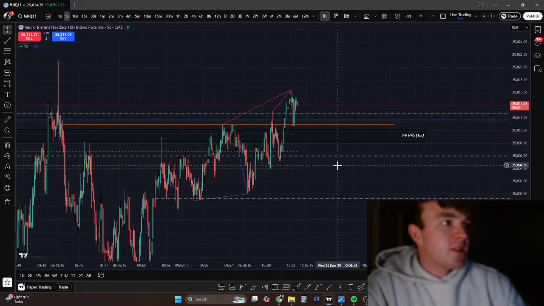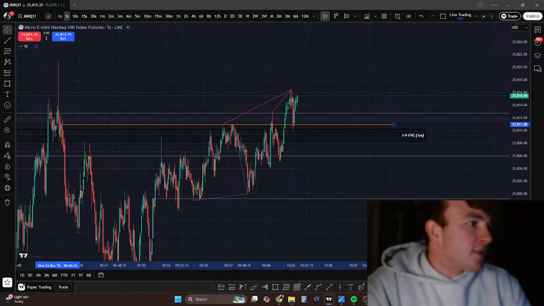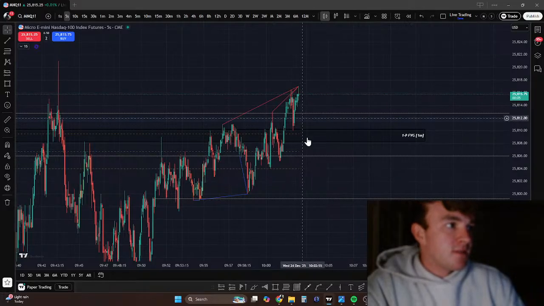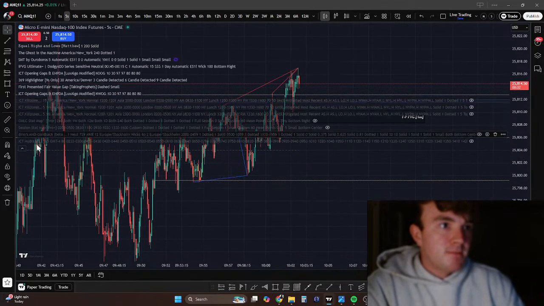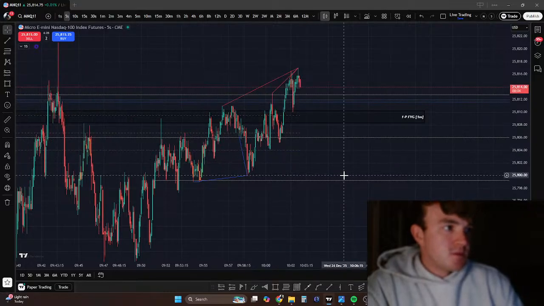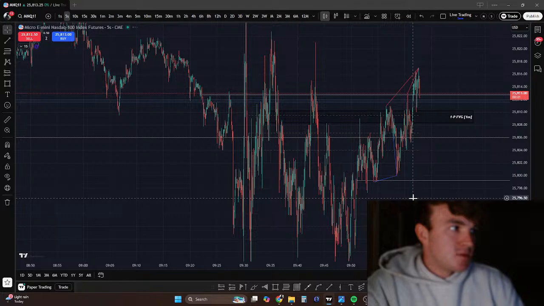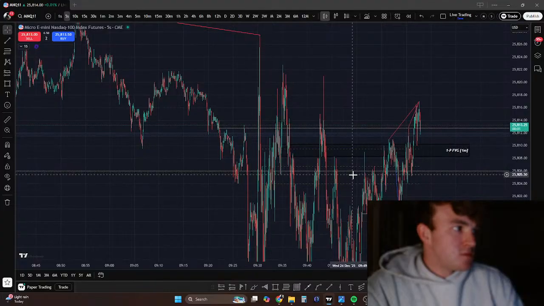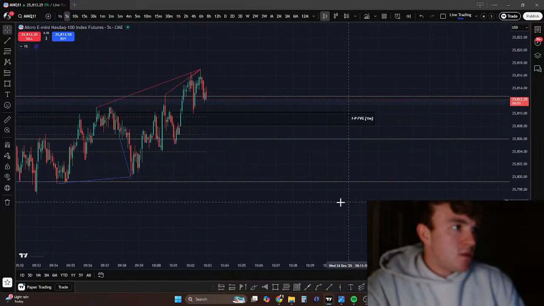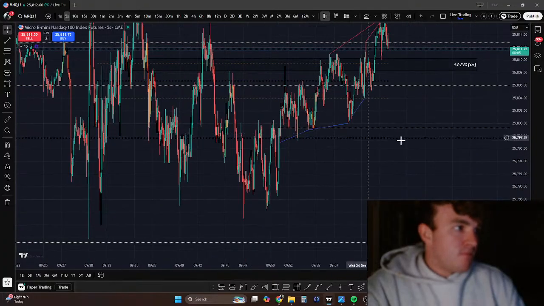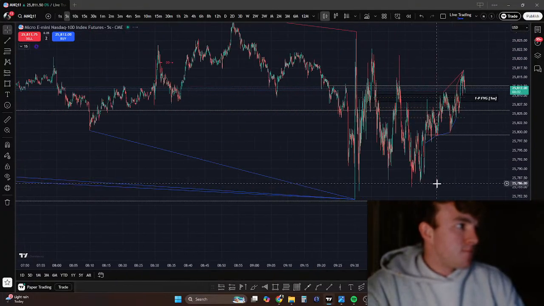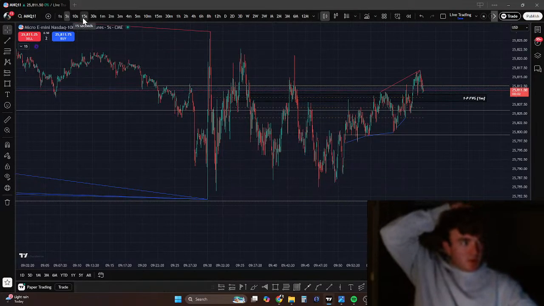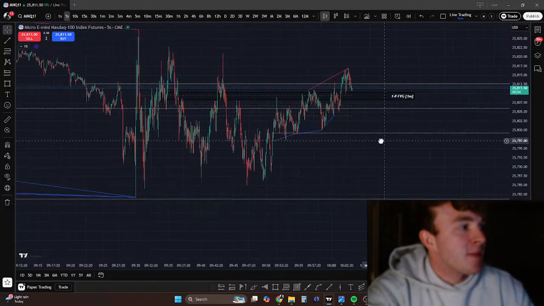What I would love to see is us sweep out the low here and then change the state up off of that. Or this whole thing might be AMD and we might need to go lower.